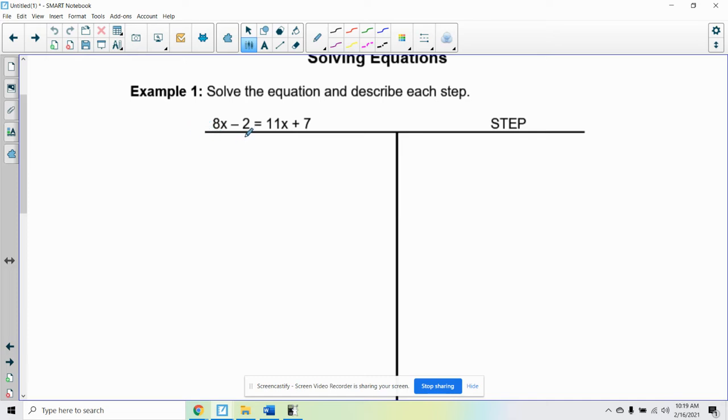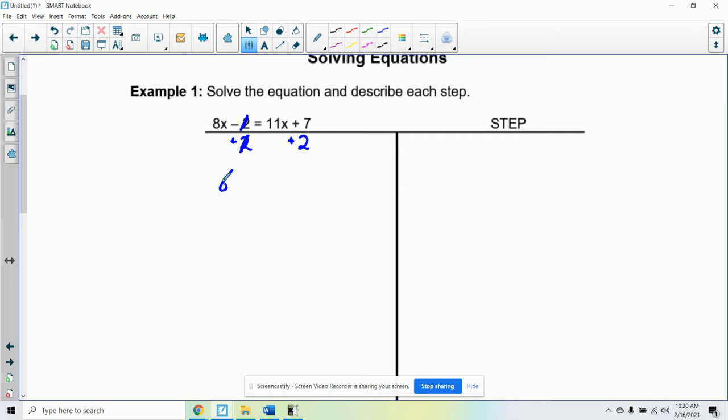So this first equation says we have 8x minus 2 equals 11x plus 7. So if you have a variable and a constant on both sides, it doesn't matter what you move first. Anything you move will be a move in the right direction. So I'm just going to take this negative 2 and I'm going to add 2 to both sides. Because if I add 2 to both sides, this negative 2 and this positive 2 will go away. So that gets rid of that constant there.